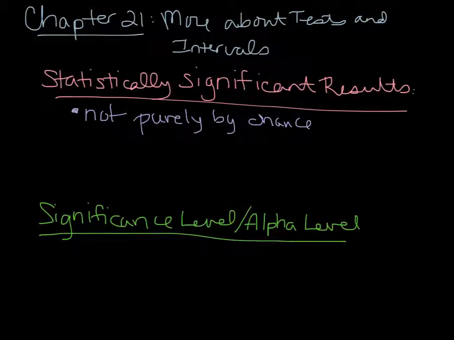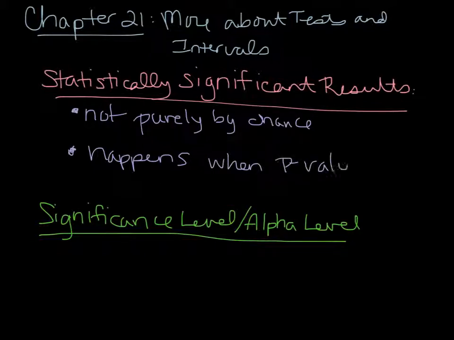And this is going to happen when your p-value is less than what we call our alpha level. This is the Greek letter alpha. We call it the alpha level.